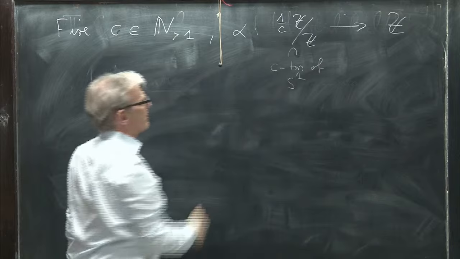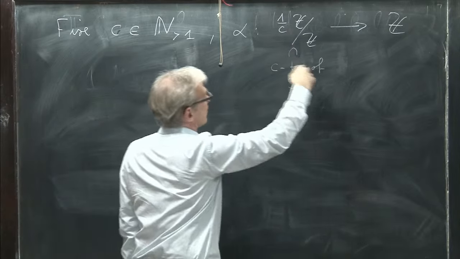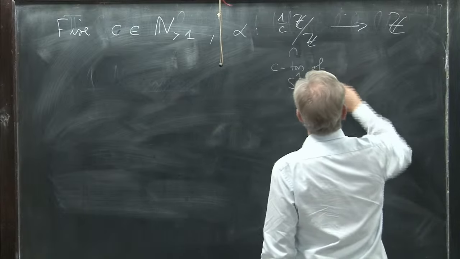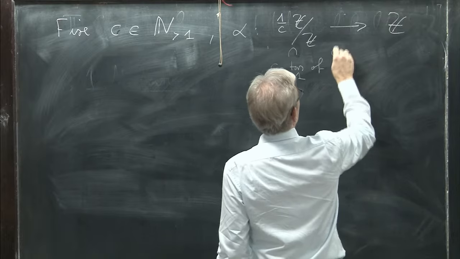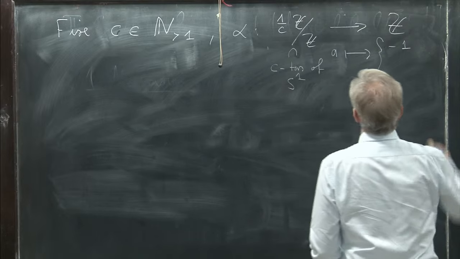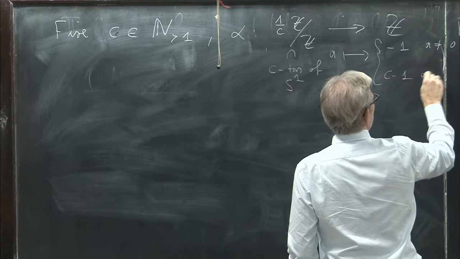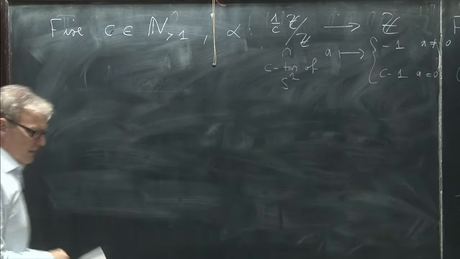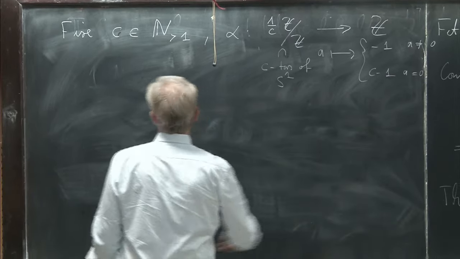These are the roots of unity on the circle, and we will consider them as this. And the function does the following. An element in here, say A, is mapped to either minus 1 if A is not 0, and to c minus 1 if A is 0. Okay, this we do. And now we consider a little bit modified series.